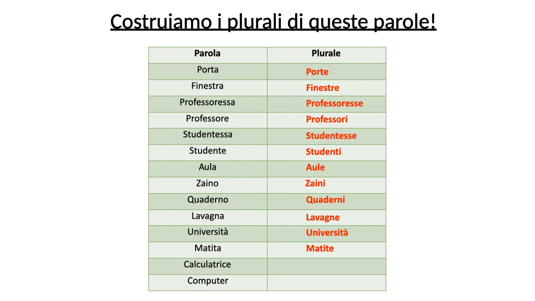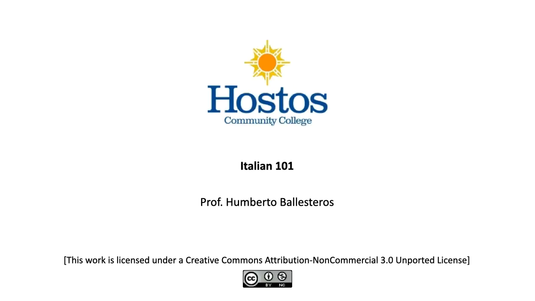The rule is E goes to I. Calculatrici. And then computer ends in a consonant. What happens when we end with a consonant? No change. Computer. Okay? This is how you construct plurals in Italian.